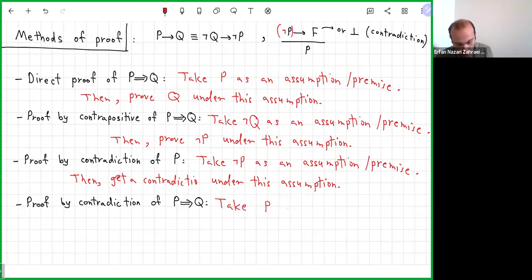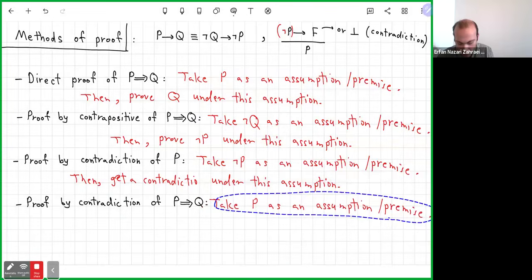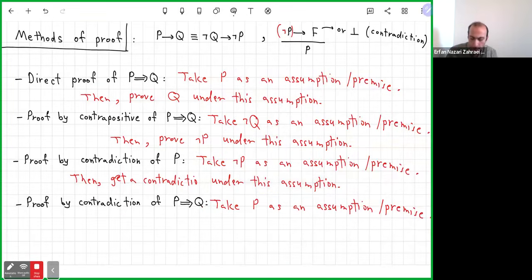Then I should prove Q. Now that I should prove Q, I use proof by contradiction.